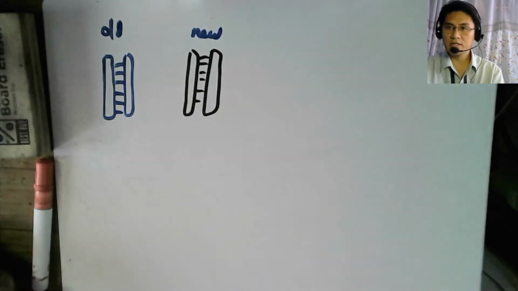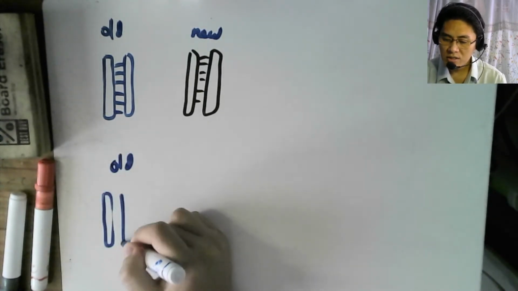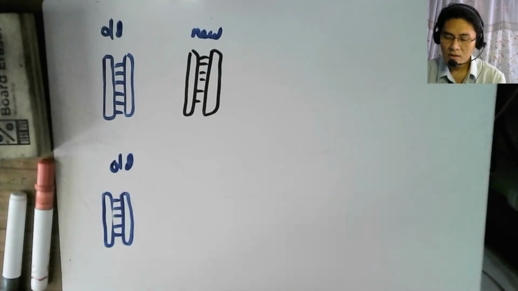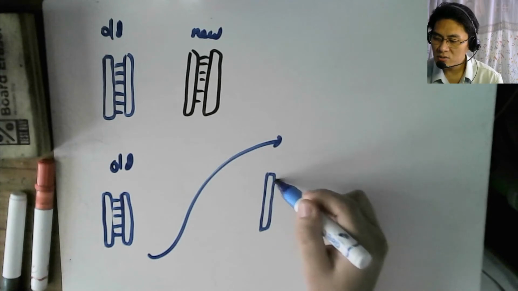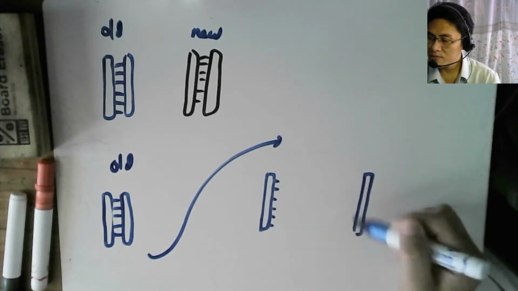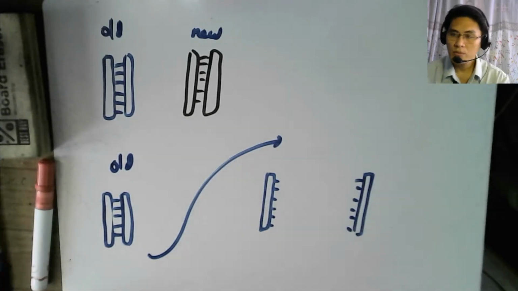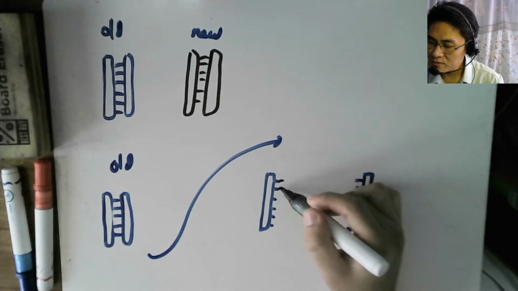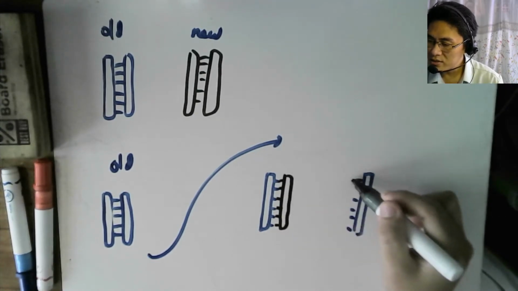What you do is you have the old DNA, and then you split the DNA into two, right? You split it into two, and then now you build the other half to complete a new DNA strand.